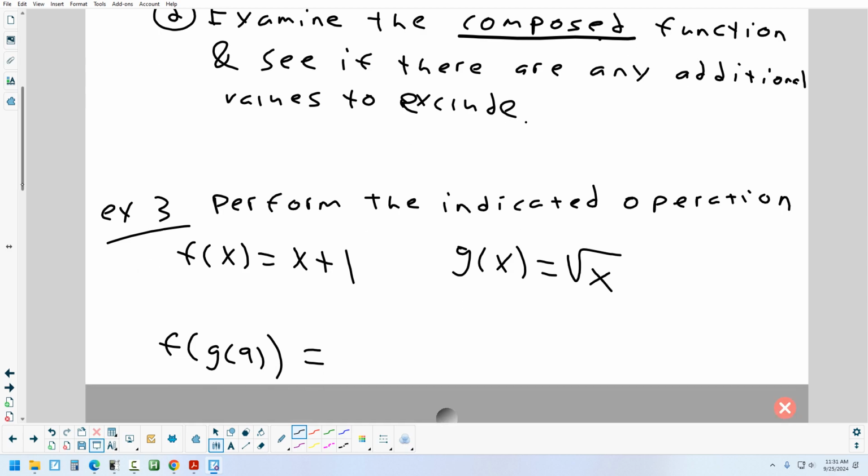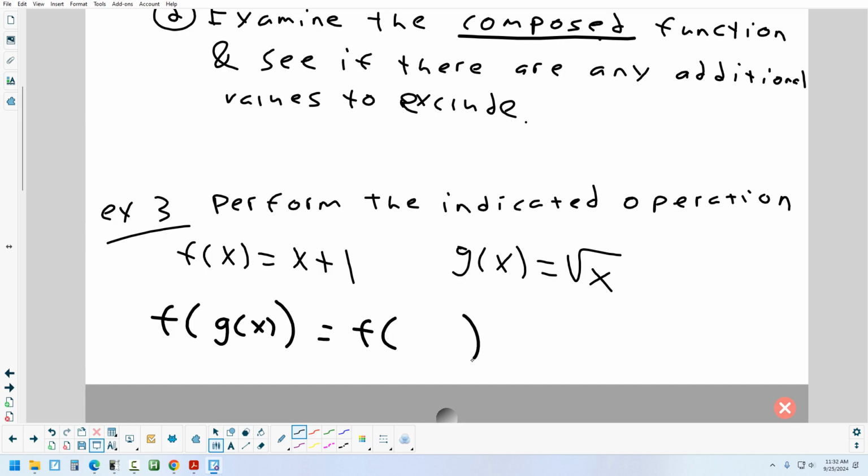Okay. So let's try finding f of g of x. Start with the inside function and replace the name with the actual formula.